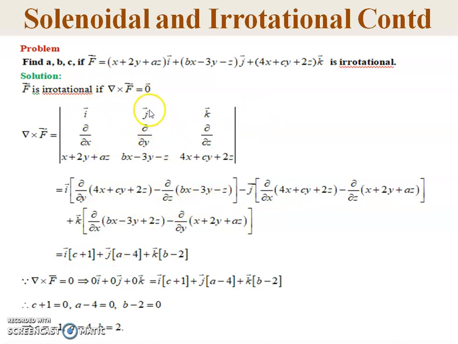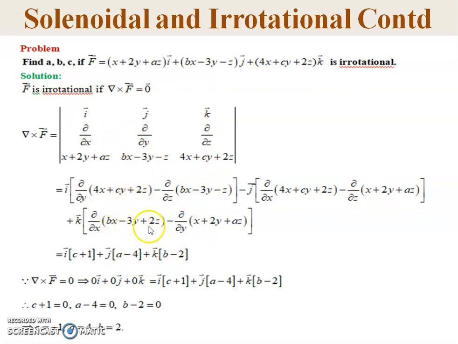Similarly, expand through the second vector, j vector. The corresponding sign is minus, j vector into dou by dou x into this vector.